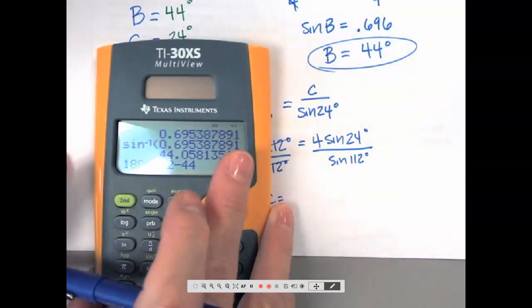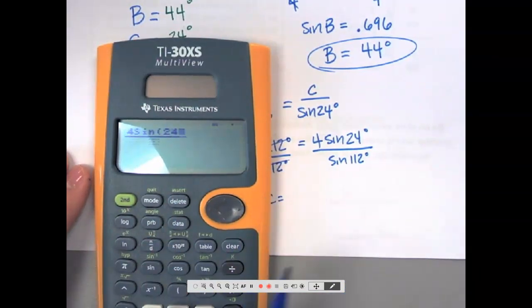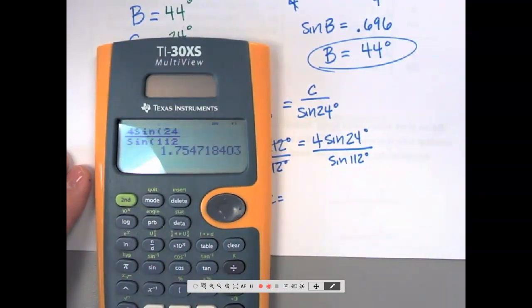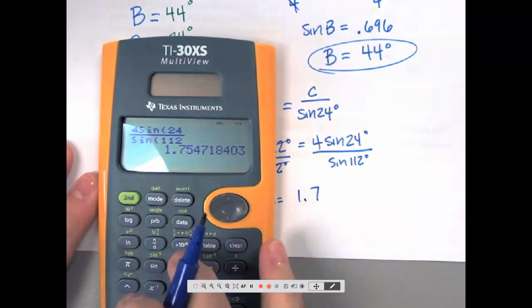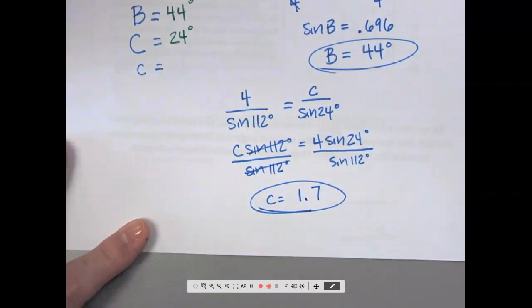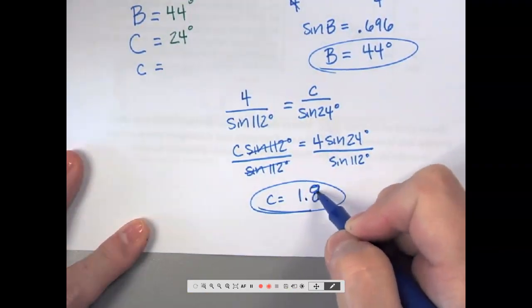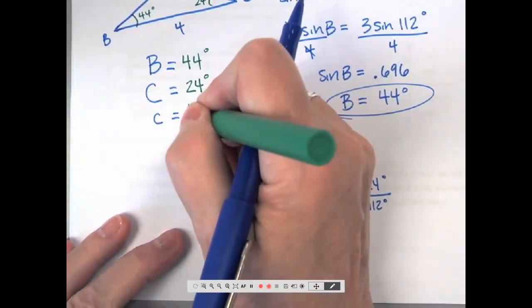That will give me C, just like we did yesterday. And I get 1.7 for side C. Did it round? Yep, my bad. Rounds up to 1.8.